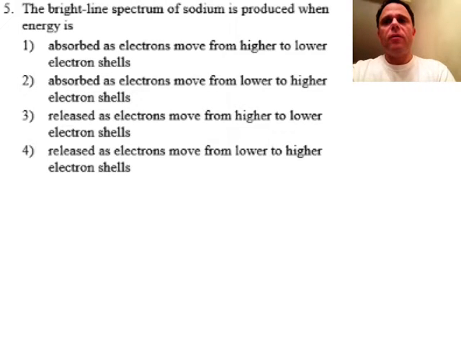Number 5. The bright line spectrum of sodium is produced when energy is. Now, as I said earlier, bright line spectrum is produced when, let's just say, an atom gets excited. It starts giving off energy as the electrons drop down to their ground state.